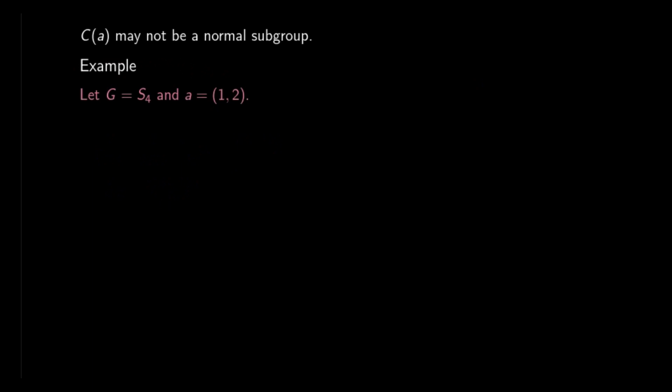Now, let us show that C of A may not be a normal subgroup. To show this, we need to give an example of a group G and an element A in G such that C of A is not a normal subgroup of G. Let us consider the group S4 and the element (1 2) in S4.